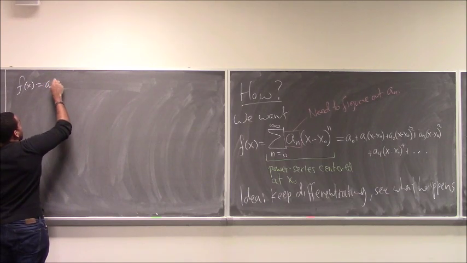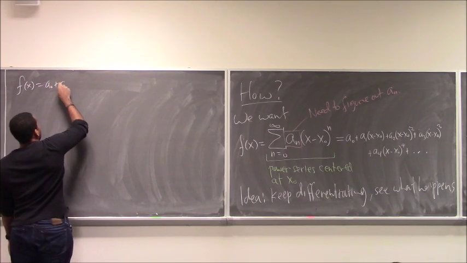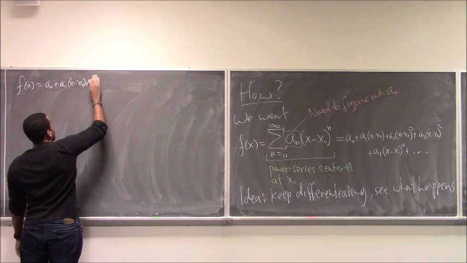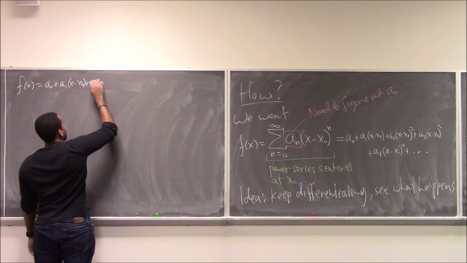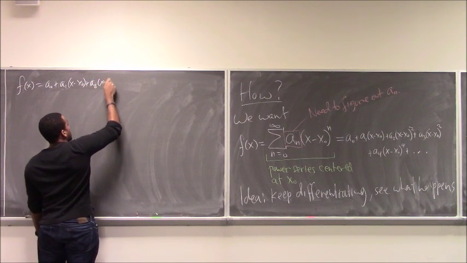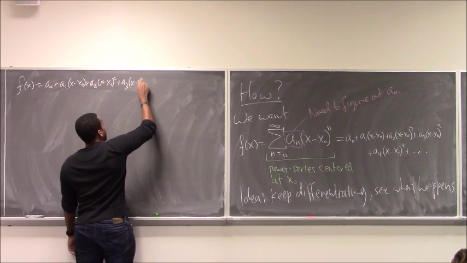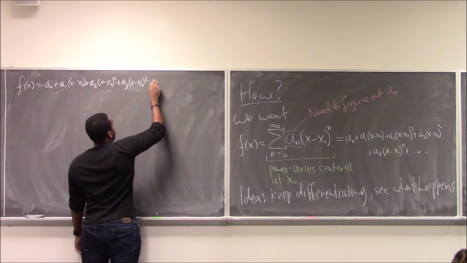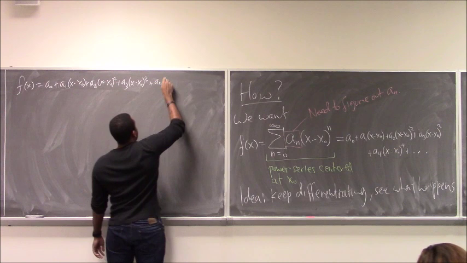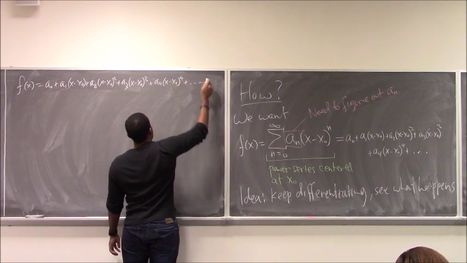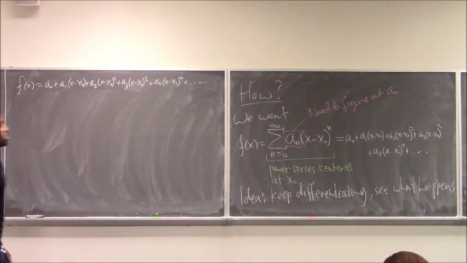Well, we know that the original function is a0 plus a1 (x minus x naught) plus a2 (x minus x naught) squared plus a3 (x minus x naught) cubed plus a4 (x minus x naught) to the fourth plus and so on. Now here's something that you'll notice is pretty nice.